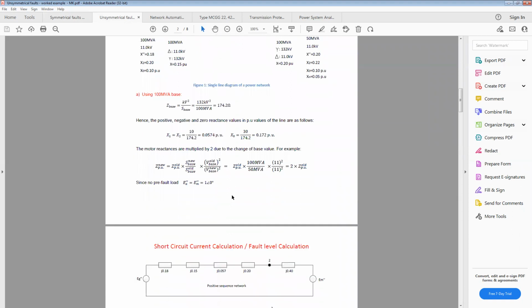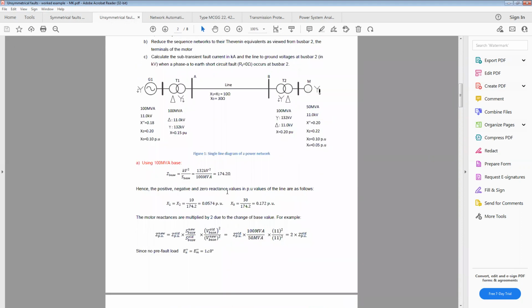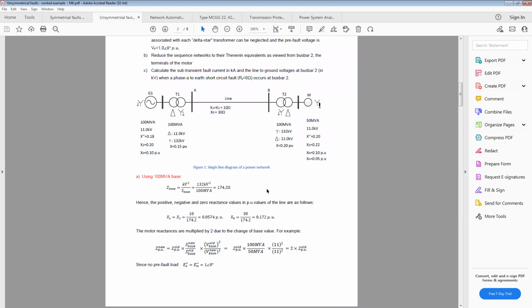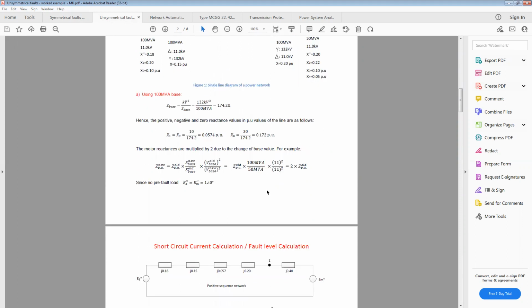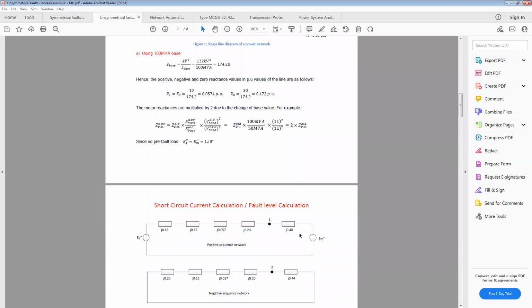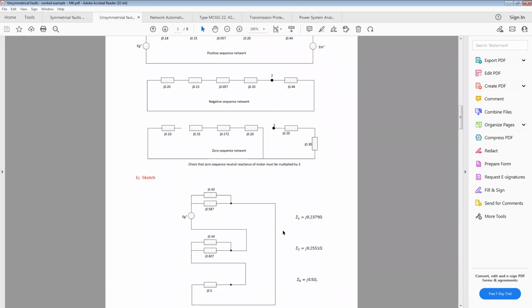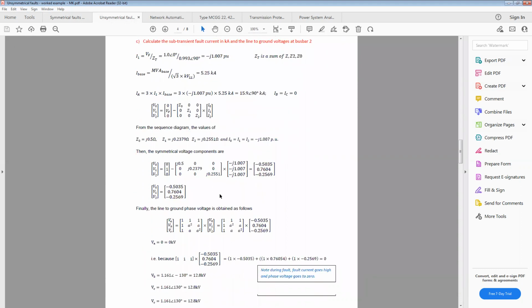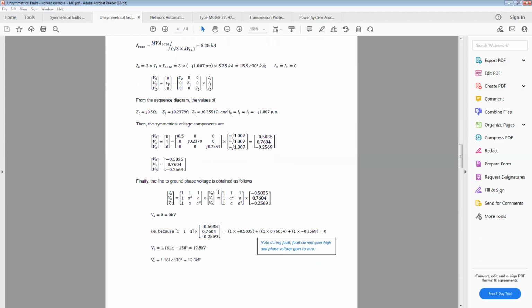So we need to do it similarly, however, we need to calculate positive, negative, and zero sequence, because we study them differently. Okay, so we draw the equivalent circuit diagram, and then we can calculate the subtransient fault current, and then eventually we can find the phase to ground fault, basically.